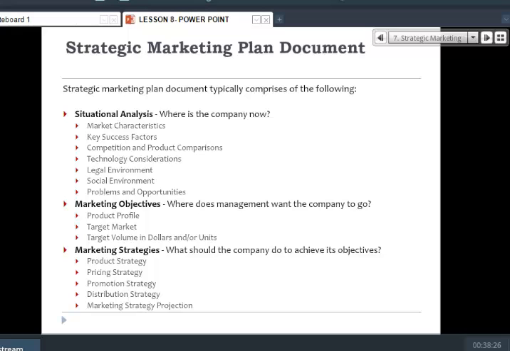When you want to write a marketing plan, your marketing plan must comprise the following elements: the situational analysis, where the company is now. What is the company situation now? The market characteristics, the key success factors, the competition and the product comparisons.